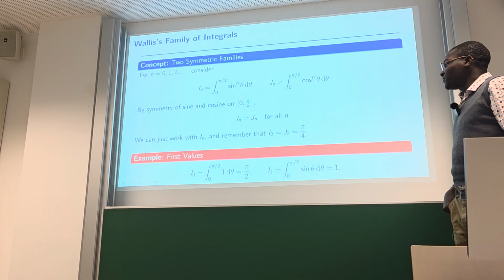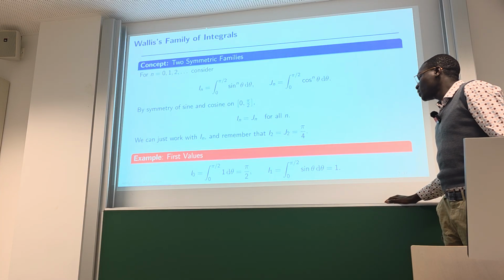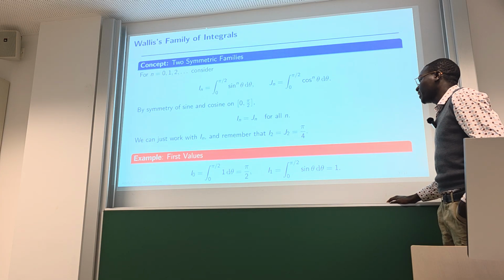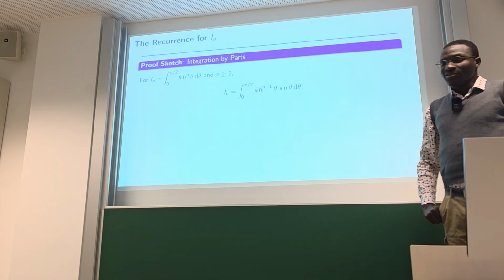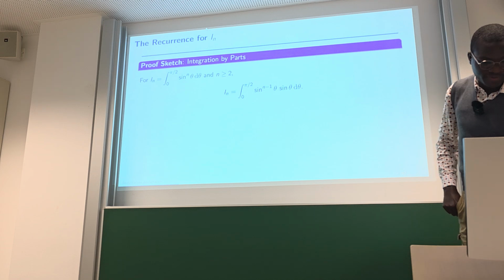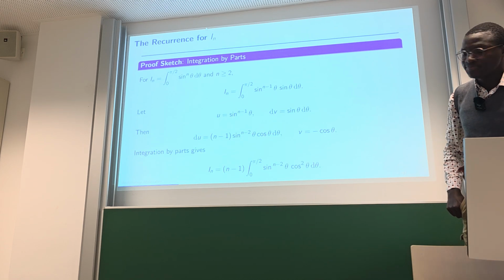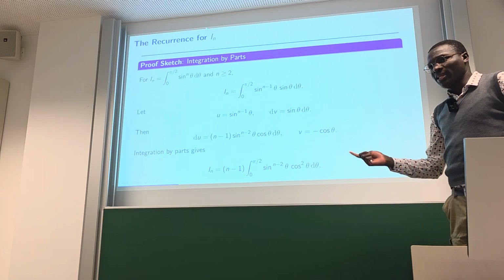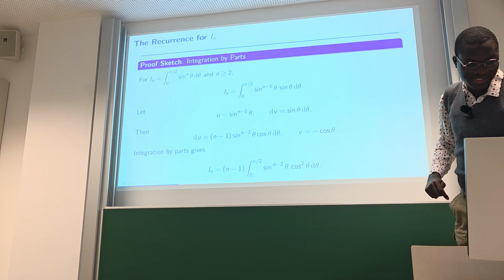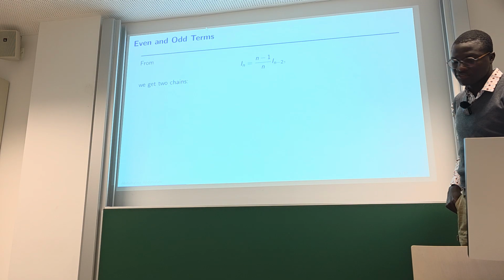We have these two first values. I_0 is pi over 2 and I_1 is 1. And by integration by parts, we have a reduction formula for I_n. Maybe not this slide, but the next slide. This is the reduction formula.